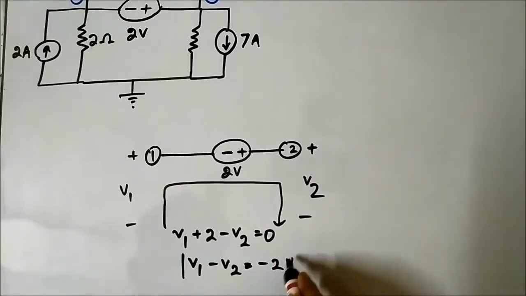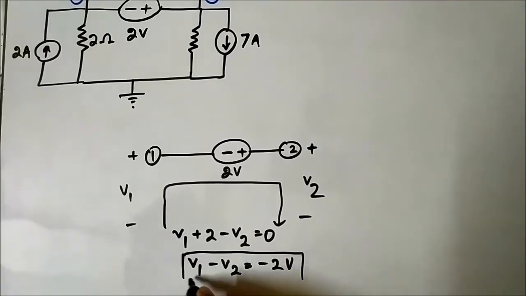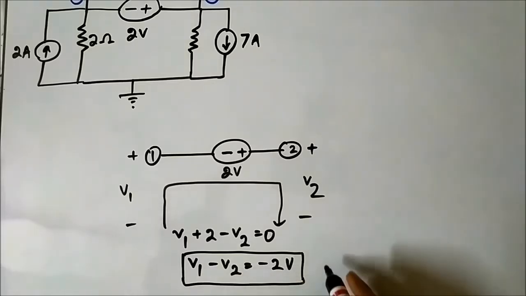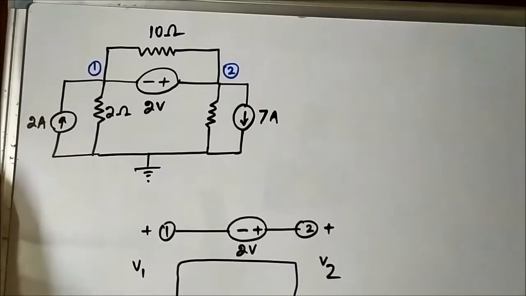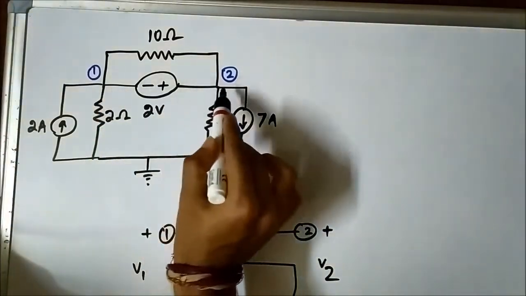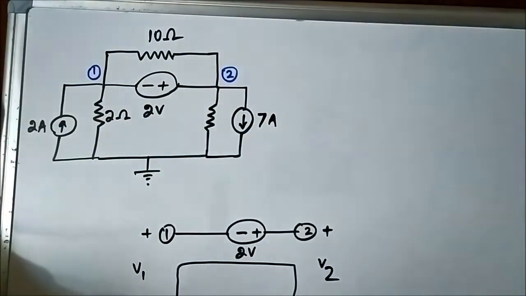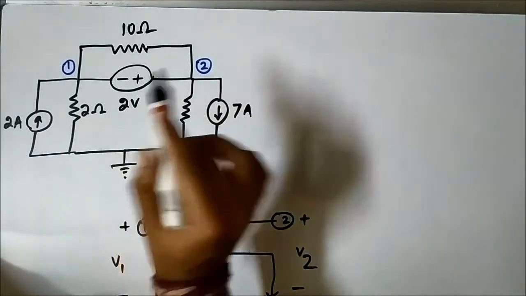This is the auxiliary equation: V1 minus V2 is equal to minus 2 volt. This relationship is very important. What it means is that the voltage difference between node 1 and node 2 is minus 2 volt.